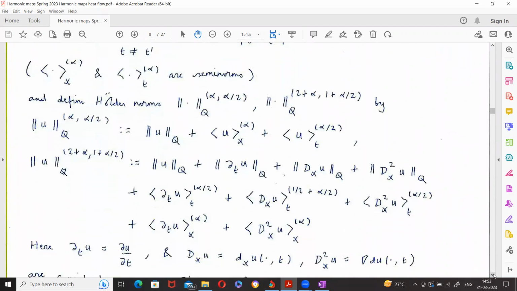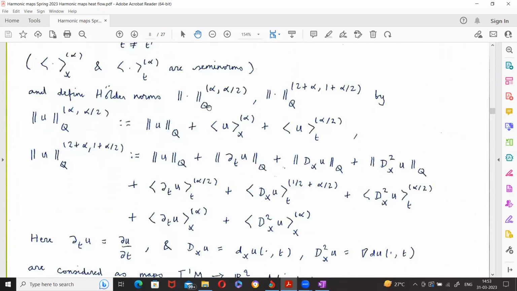So now we're going to define certain Holder norms which have a coefficient in the space variable and in the time variable, which are slightly different. So it turns out the right coefficients to look at are these, where the Holder index in the space variable is twice the Holder index in the time variable.